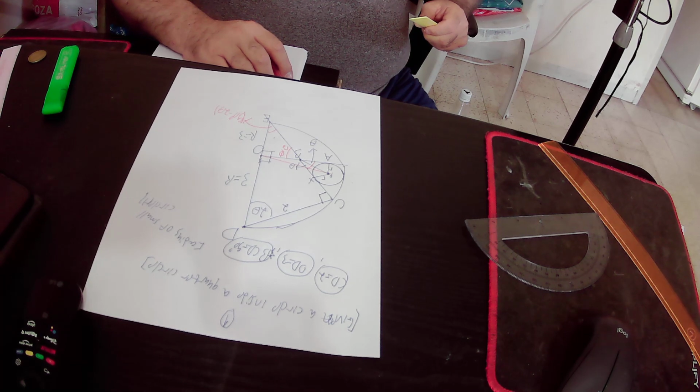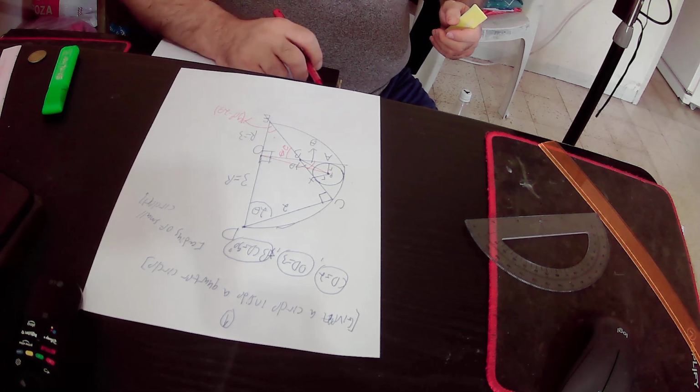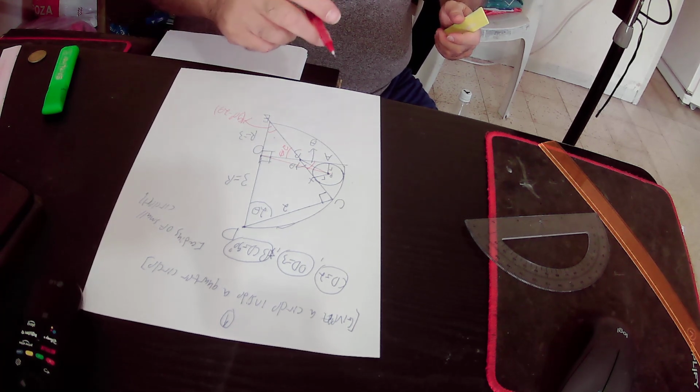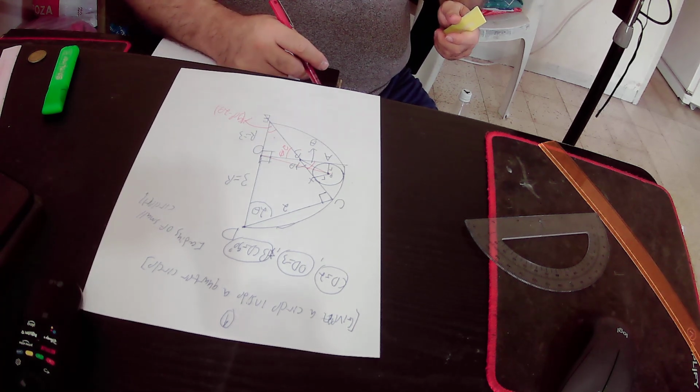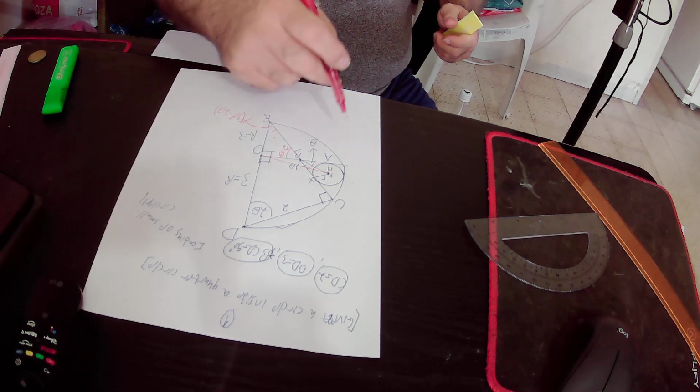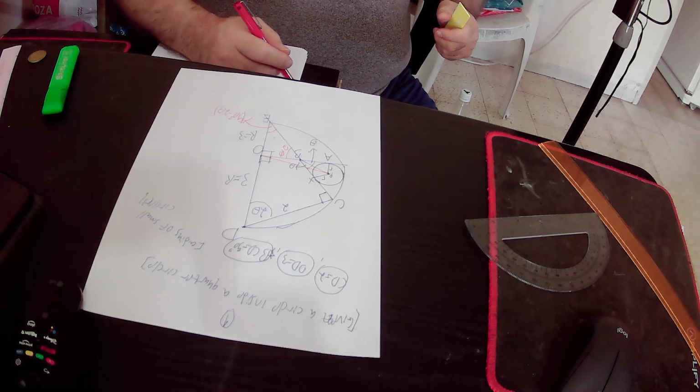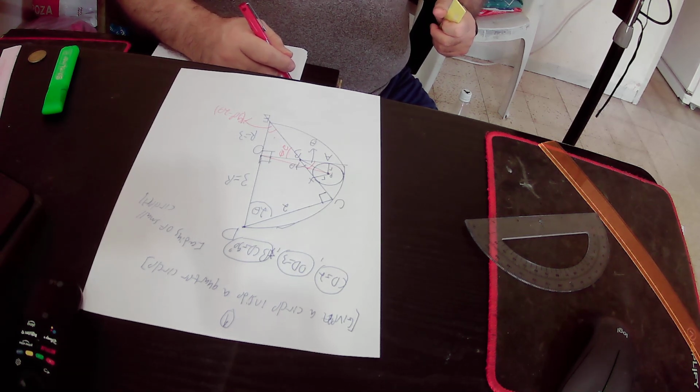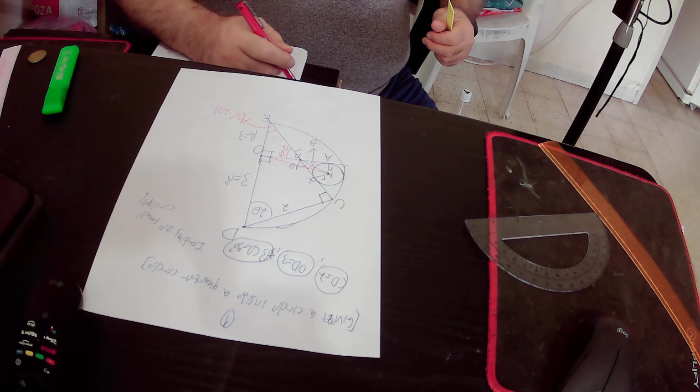Actually, AO is tangent to the small circle at point A. So we know that tangent and radius are perpendicular to each other.